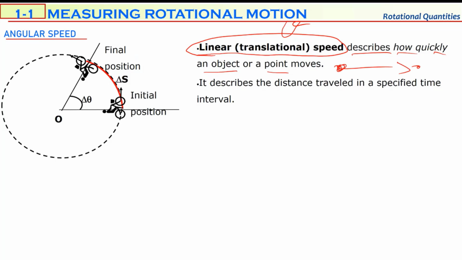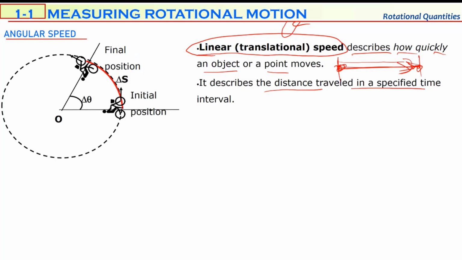A car is moving from here to there. How fast is this car moving? If it moves very fast, greater speed. If it moves very slow, smaller speed. Speed describes distance traveled in a specified time interval.